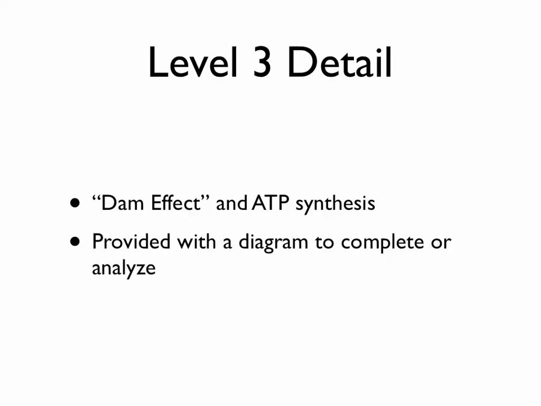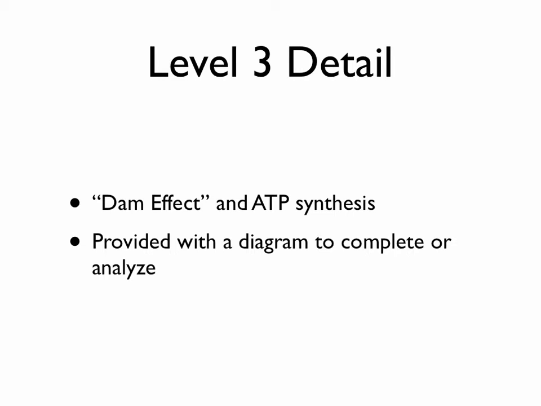The third level of detail will be about the chemiosmotic effect and ATP synthesis, which happens in both photosynthesis and respiration. This is basically how ATP is synthesized. This is a little bit complicated, and it's going to be the main focus of my next video.